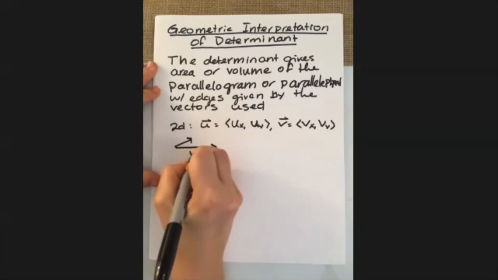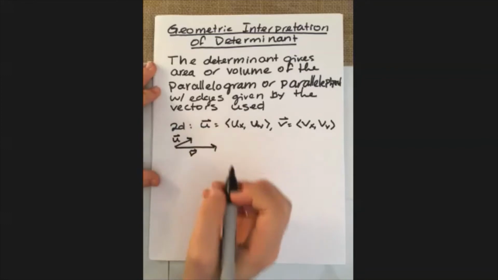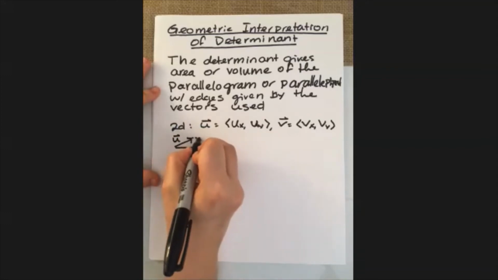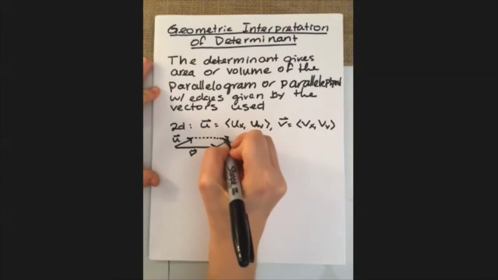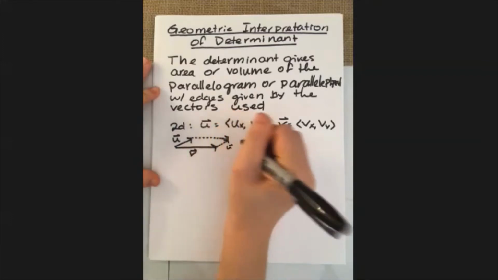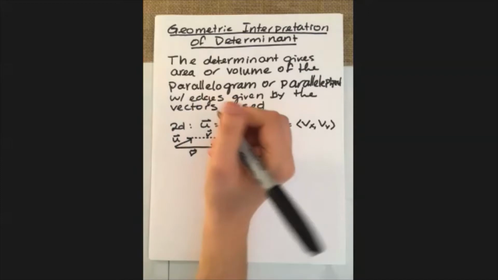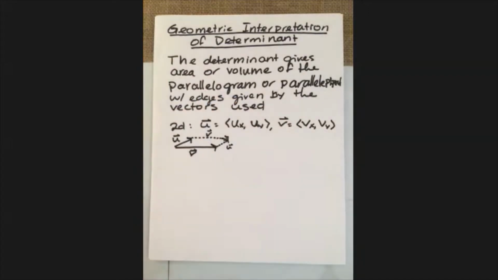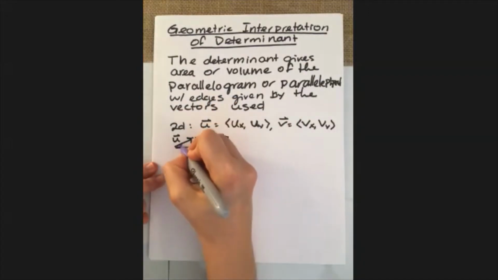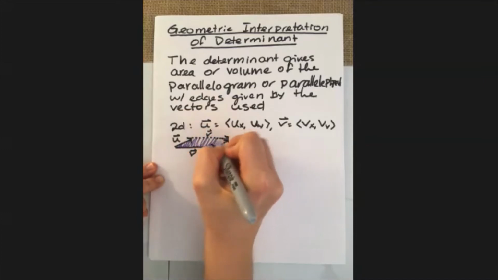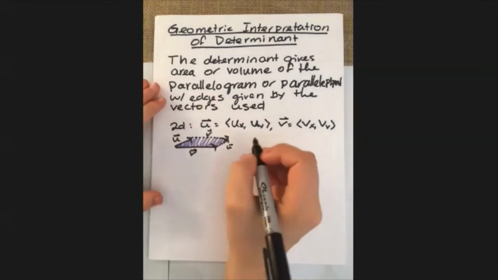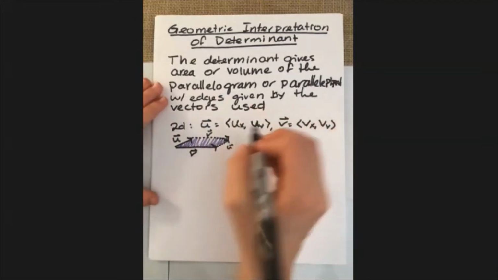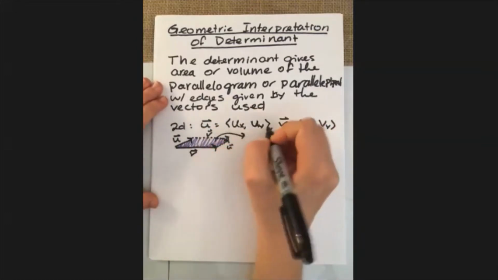If we have these two vectors v and u, then you can imagine completing a parallelogram by using these vectors. This is just a second copy of u and a second copy of v. And it's the area of this particular parallelogram that is defined by these two vectors that the determinant gives you when you squish these two vectors together into a 2x2 determinant.